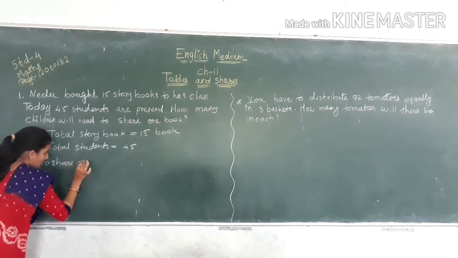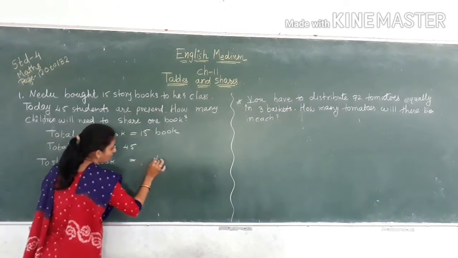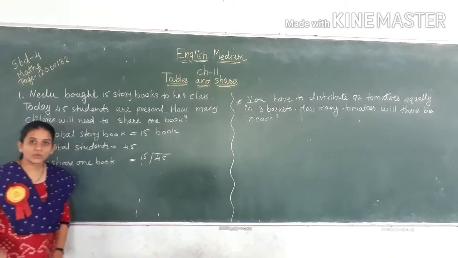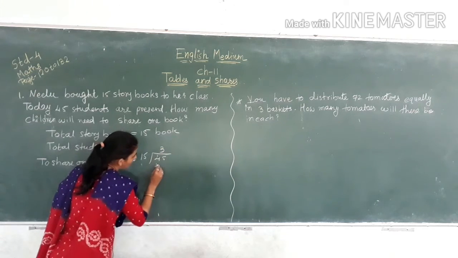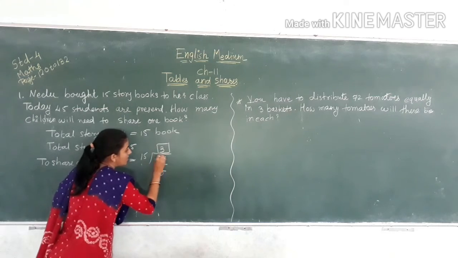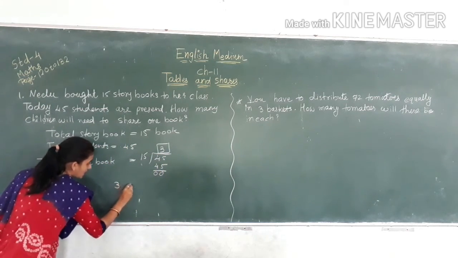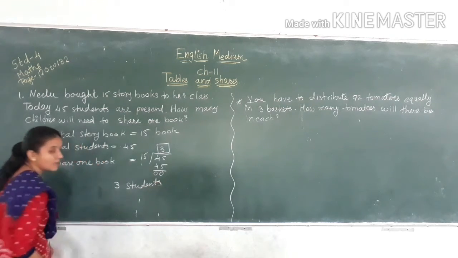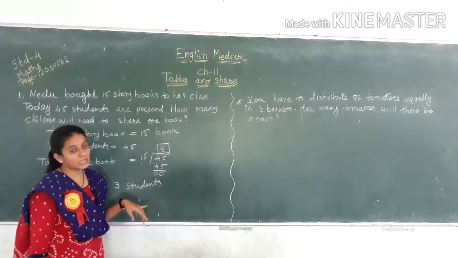To share one book is equal to 45 divided by 15. 15 3s are 45. That means one book is shared between 3 students.